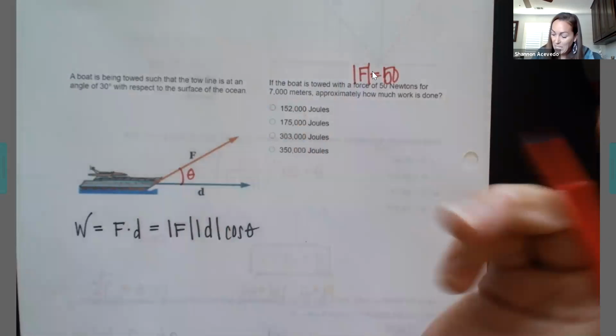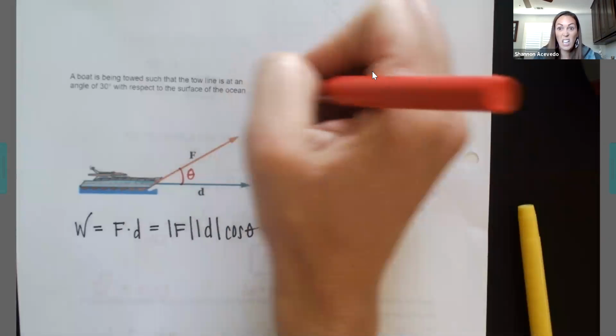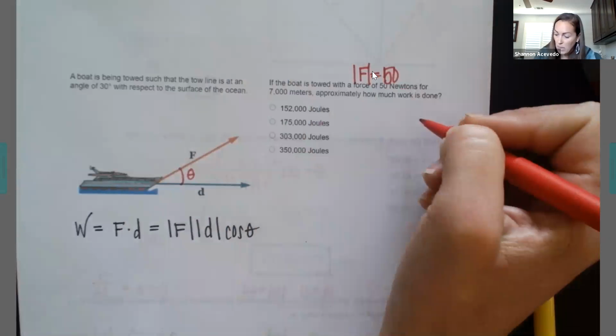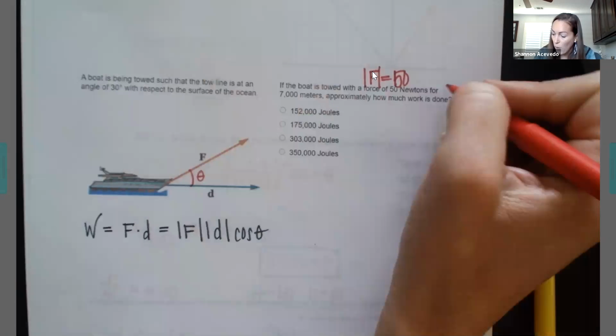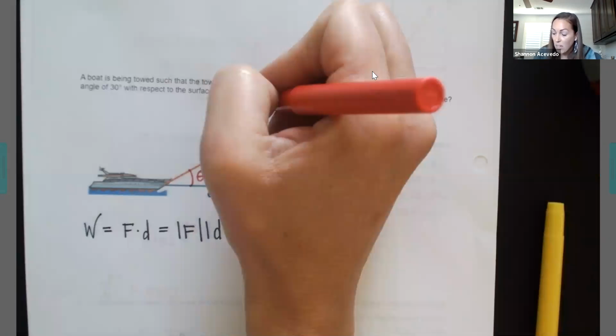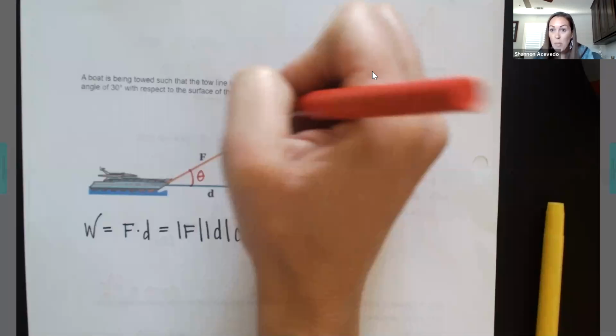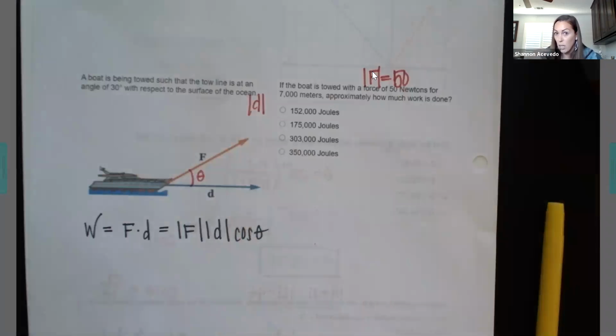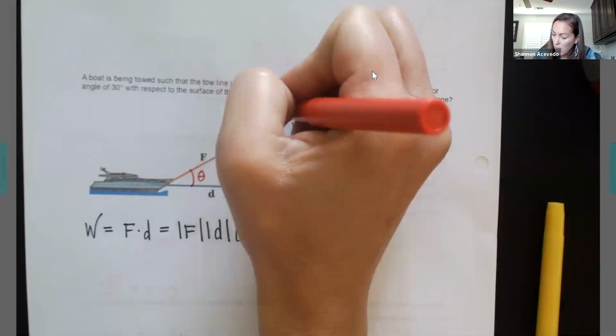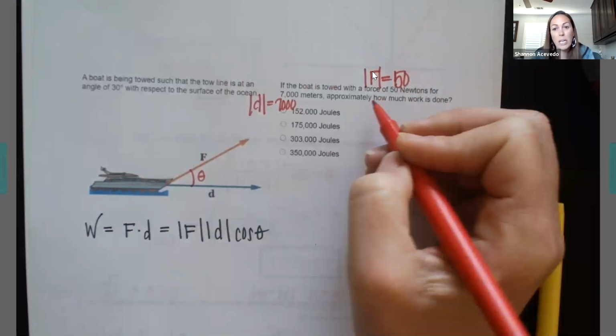So my displacement, that length, remember length is going to represent that magnitude. So 7,000 meters. That's that displacement, how much it moved from one spot to the other, that distance there. Approximately how much work is done?